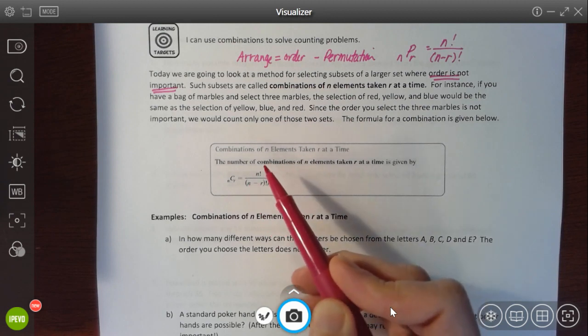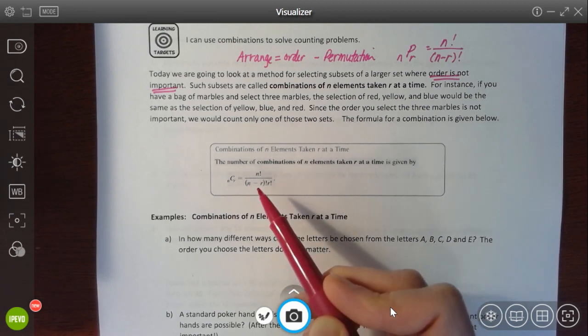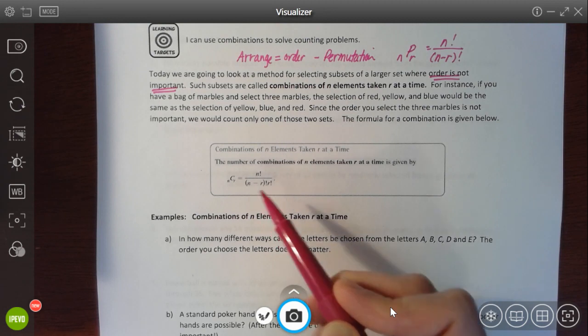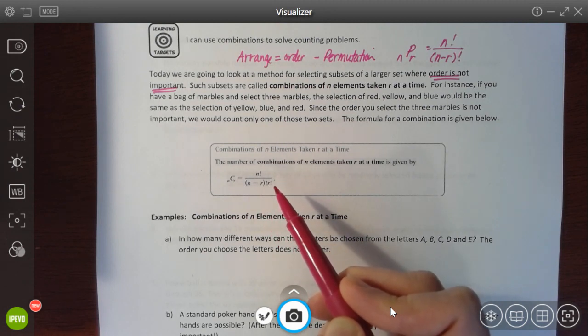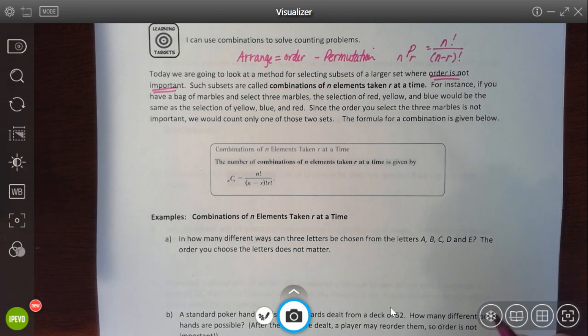We have n factorial in the numerator, and in our denominator, we see n minus r factorial. But to take out those extra duplicate sets, we're going to also, in our denominator, include r factorial. So very similar to what we did yesterday, but this time we're taking out duplicate combinations so that we have a smaller subset of values here.